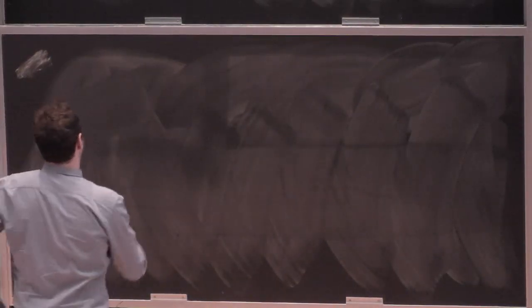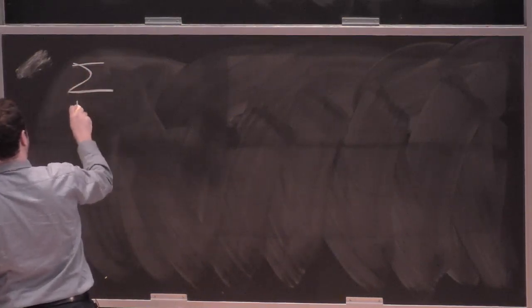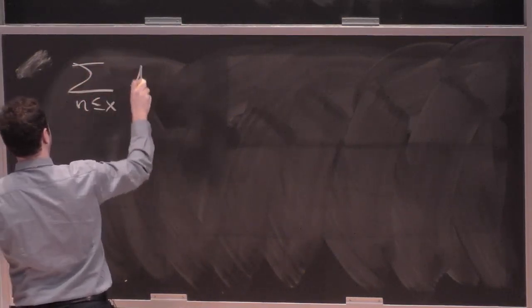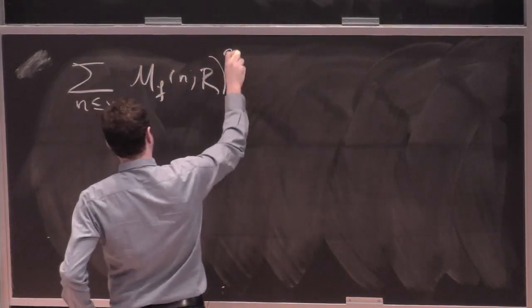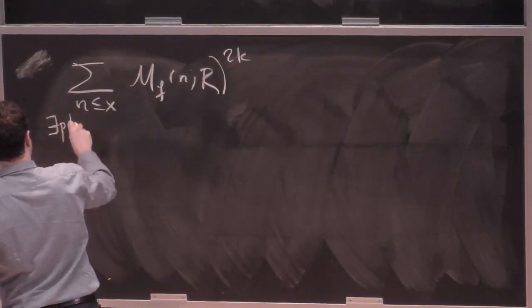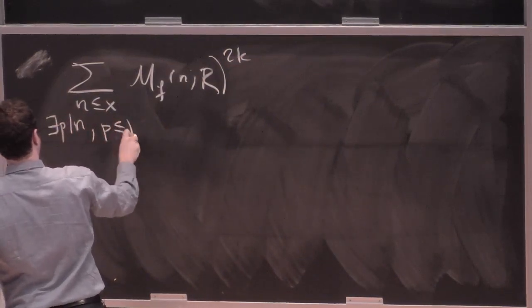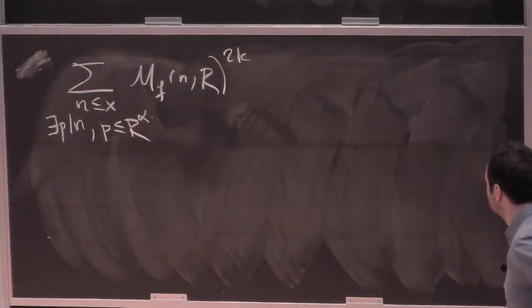Then what? Okay, so I will look at the 2kth moment of these weights, but only for integers that have a small prime factor. So alpha here, think of it as being small.